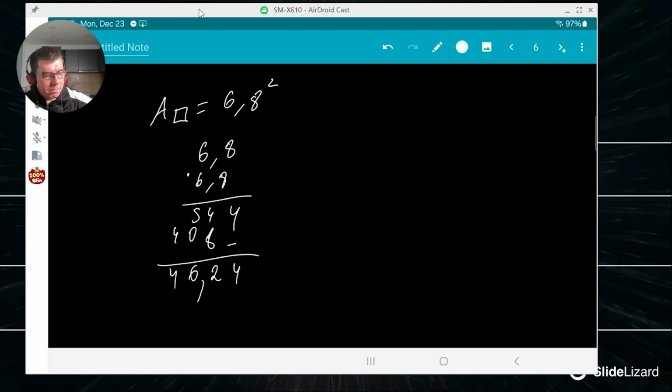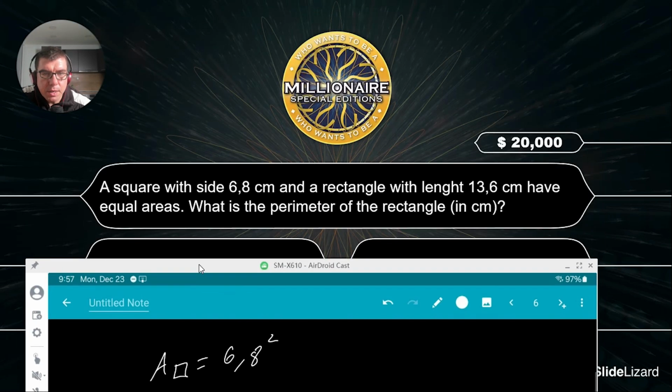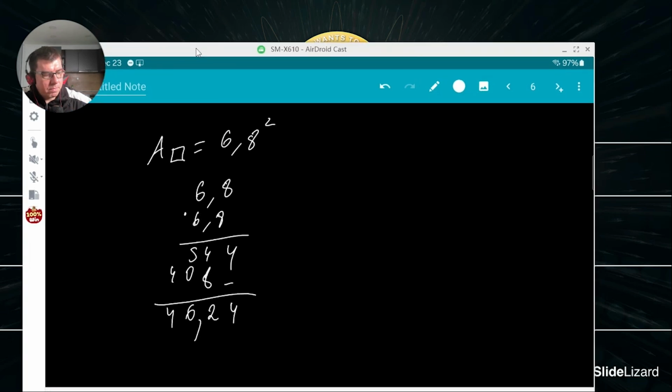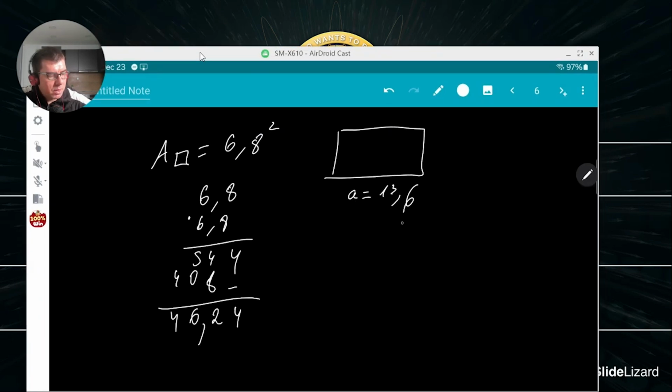Then the rectangle has a length, let's call it A, of 13.6. We need to find the other side.